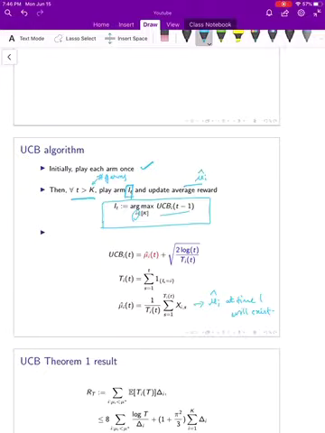So this UCB_i, the upper confidence bound term, is defined as the average term plus the confidence term.